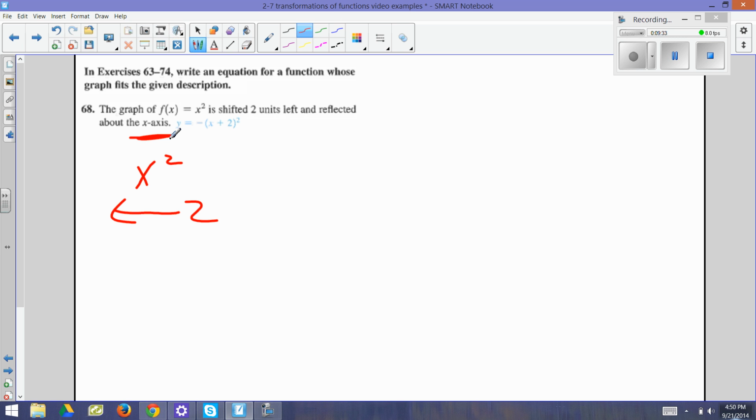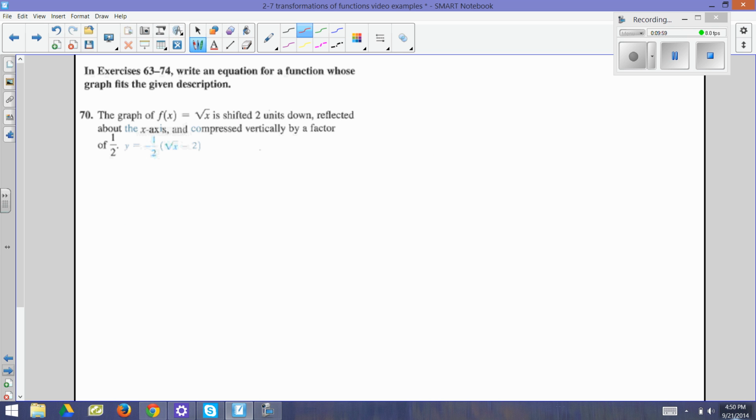So this x squared becomes negative x squared. That's the reflection. Shifting it to the left 2 would be a plus 2. If it were right 2, it would be minus 2.